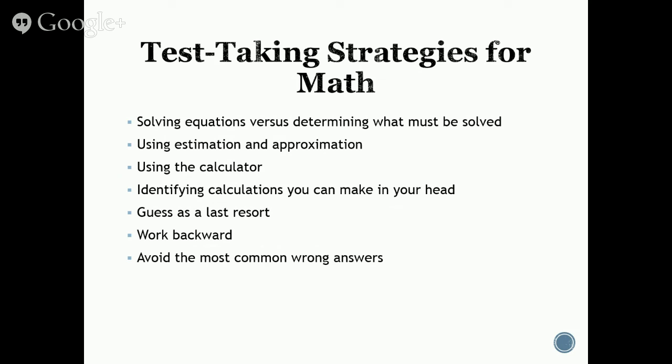Guess as a last resort. Try to work backwards if you can't work from how to do the problem. Work from the answer and see if you can get it to the question. And then see if you can avoid most common wrong answers. If something just seems completely out of bounds according to what the problem is, then you can automatically skip that one.